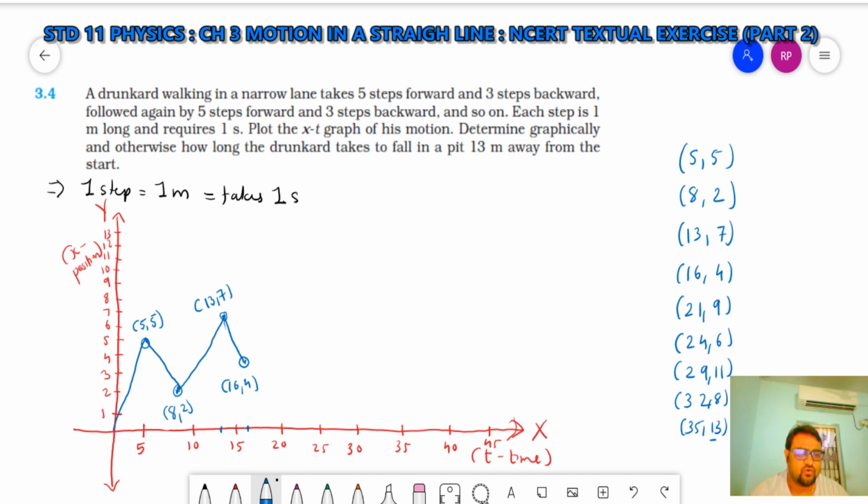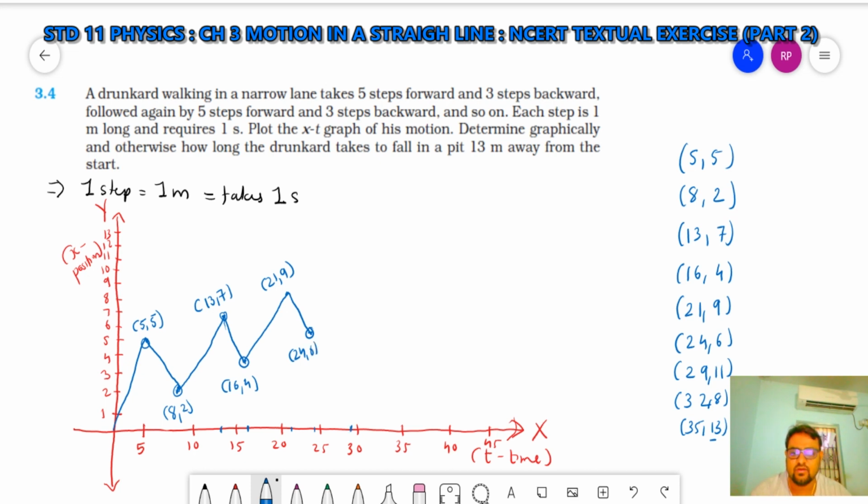After 16, 4 it's 21, 9. So 21 here and 9 somewhere here. After that 24, 6, approximately here. After that 29, 11.